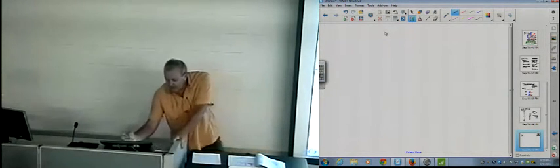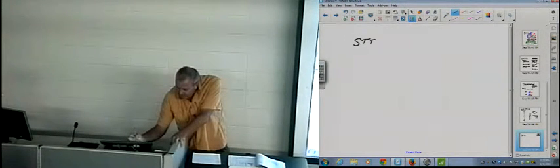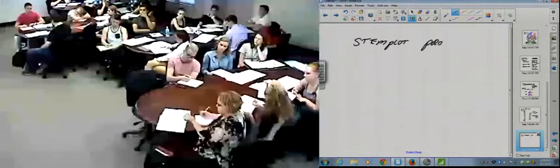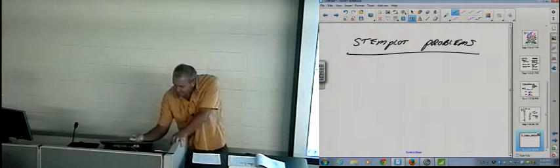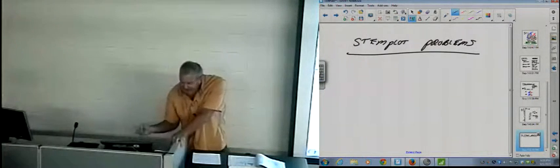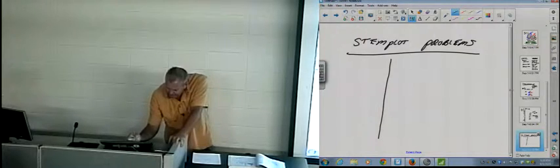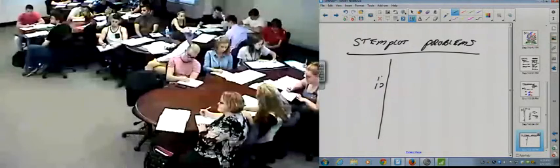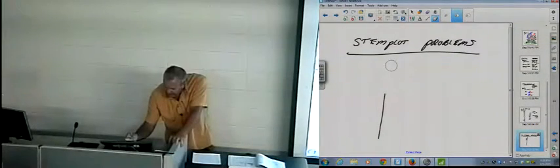So here's what I'm going to do with a stem plot. And I'm going to call it problems. And the first one is, if I get a stem plot, actually my stem plot will look like this.